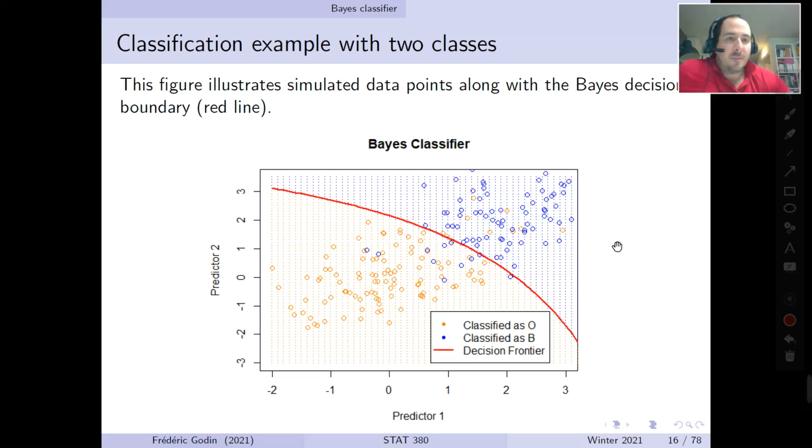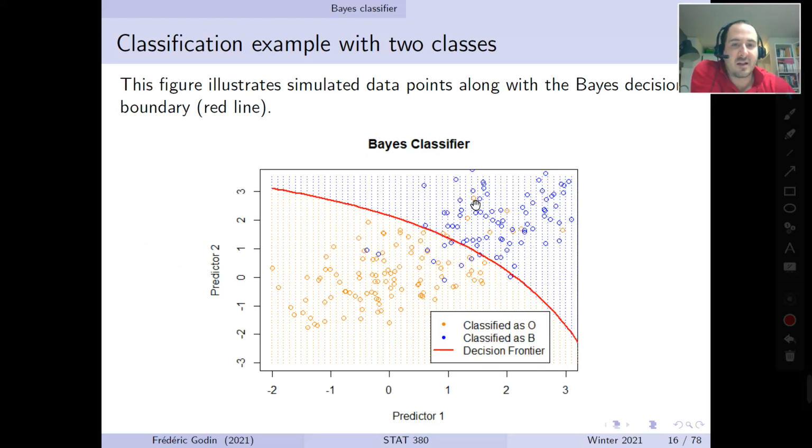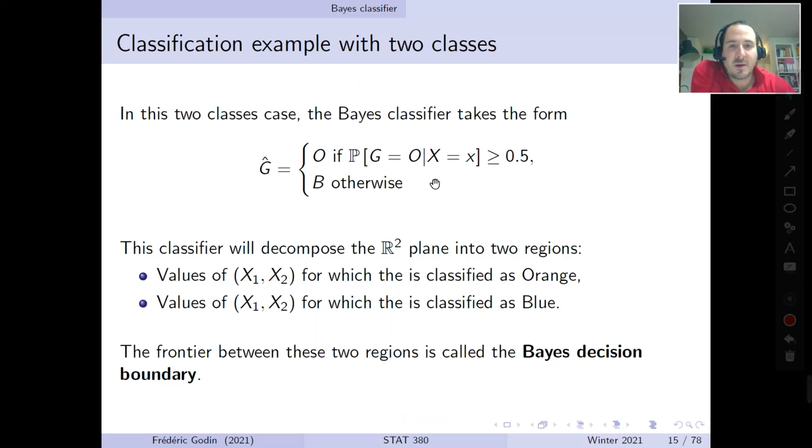Here, based on the distributions we assumed, the 60%, 40% probability of being orange and blue, and the conditional Gaussian distribution of predictors given the class, we could apply the Bayes rule to get the inverse probabilities. These are the probabilities of being either orange or blue depending on the various values of predictors. Based on that, we can calculate for each point x, each vector in the plane, the probability of being either orange or blue.